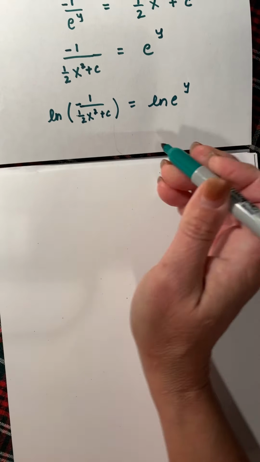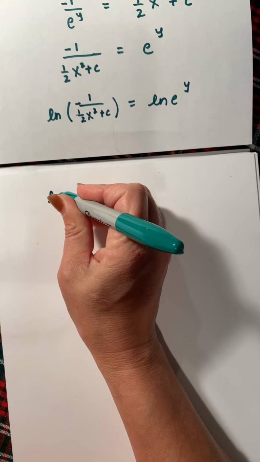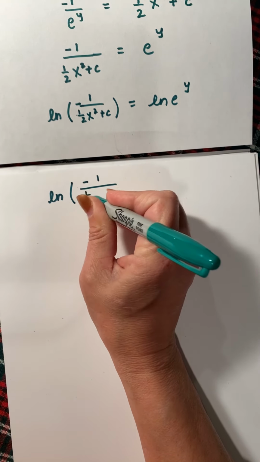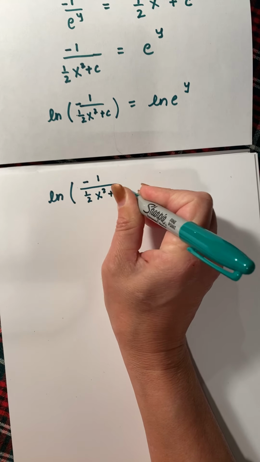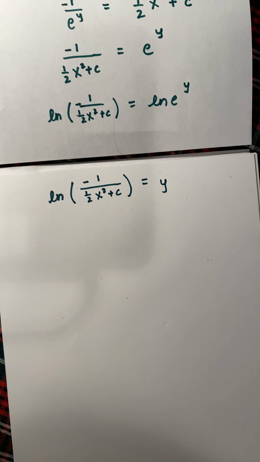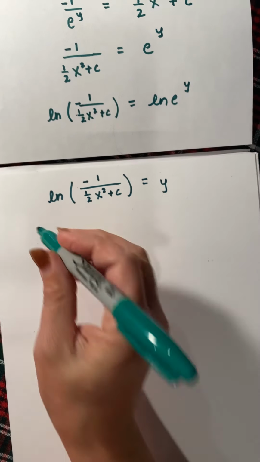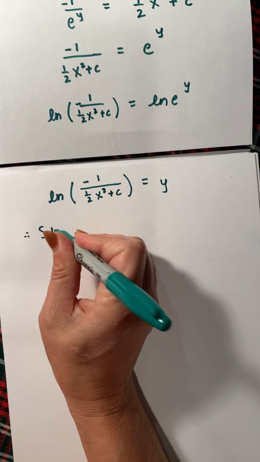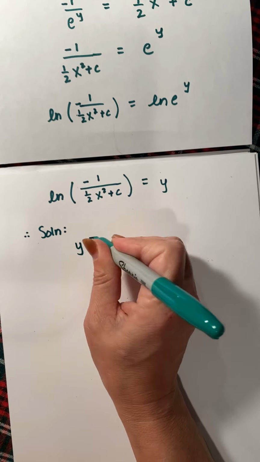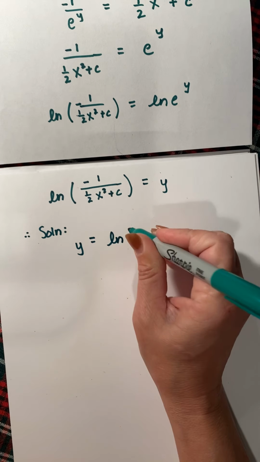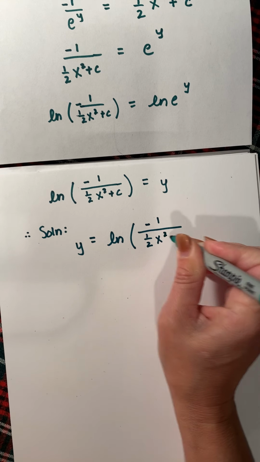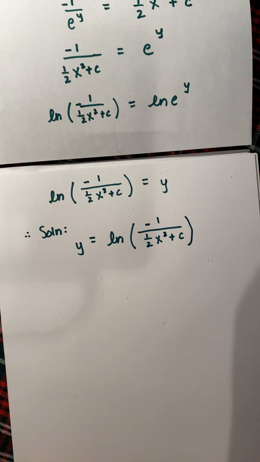And then the natural log of e to the y is just y by properties of logs. So therefore, the solution to this differential equation is y equals the natural log of negative 1 all over 1/2 x squared plus c.